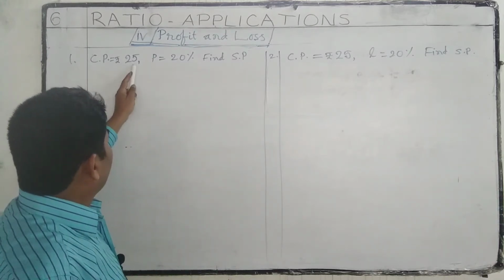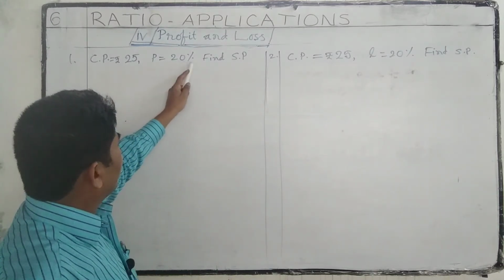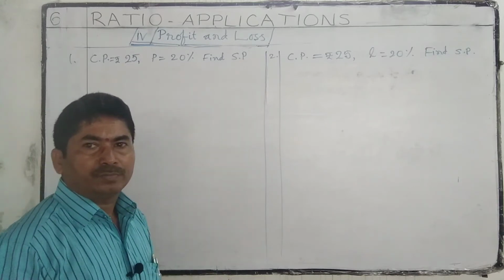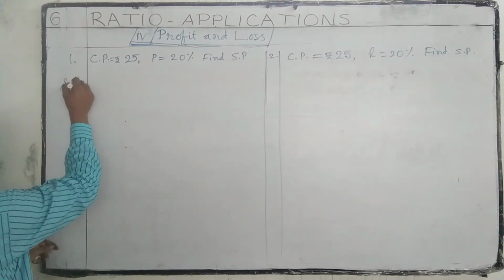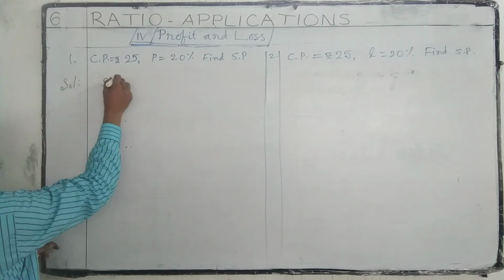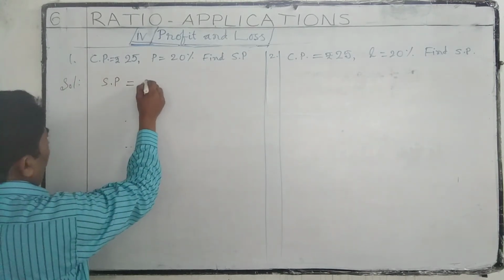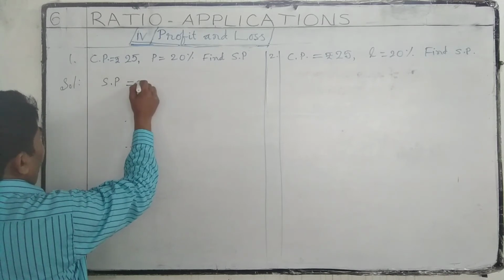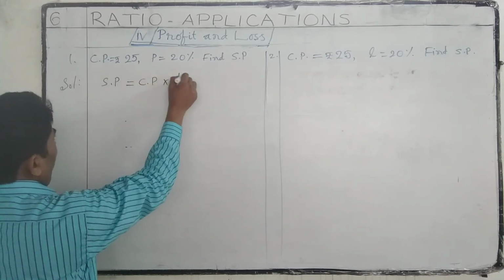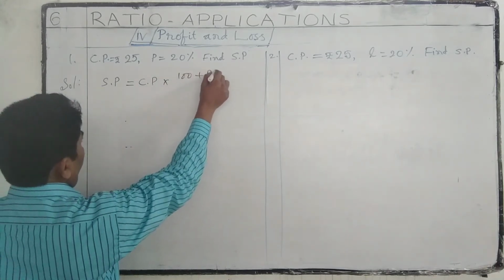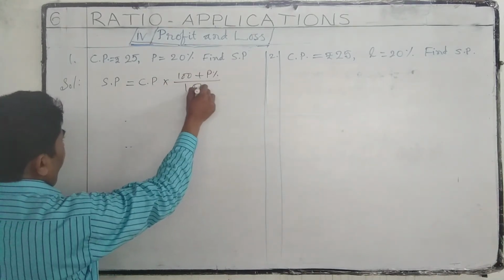Cost price is 25 rupees. Profit 20%. Find selling price. To find selling price, here we have a formula. Selling price is equal to cost price into 100 plus profit percentage by 100.